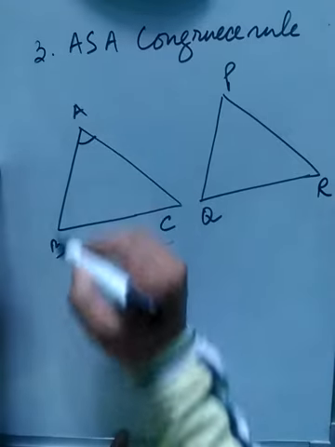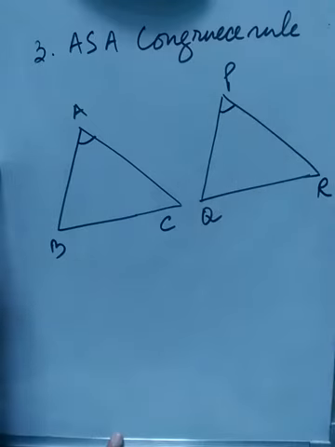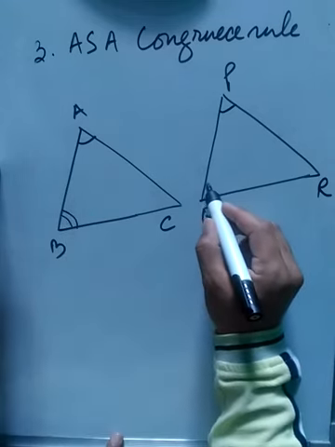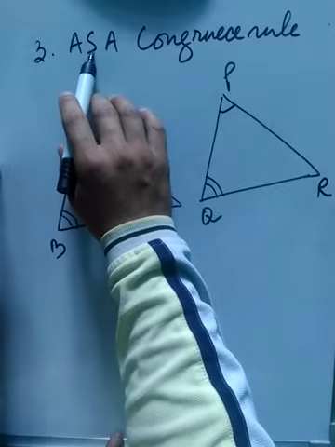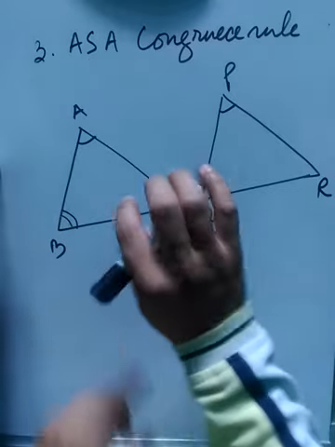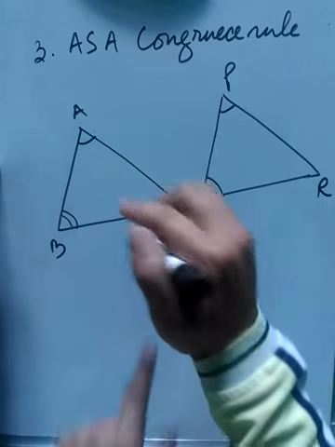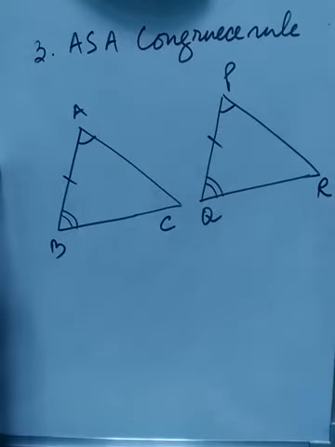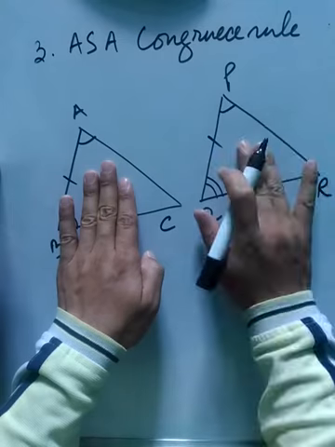Angle A is equal to angle P. Angle B is equal to angle Q. Angle, side, angle. Between the angles there is a side. So between these two angles, this AB is there, side AB. So this AB is equal to PQ. Then this triangle will be congruent to this triangle.